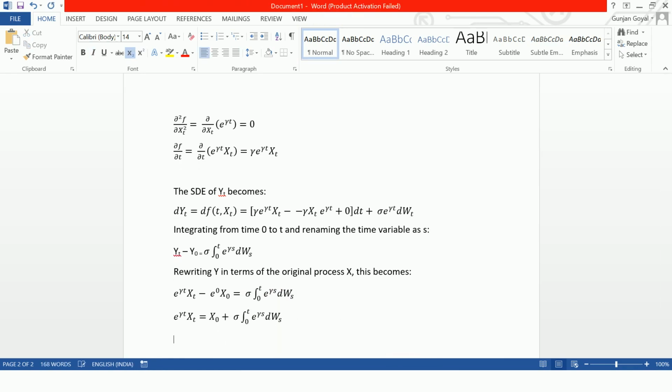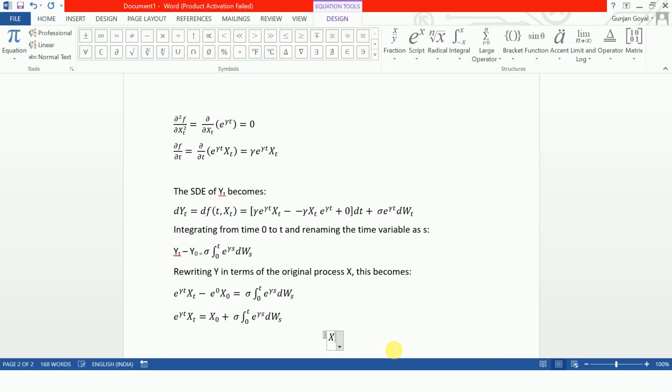Now if you put xt down there, xt is equal to, so this will become x naught e to the power minus gamma t.